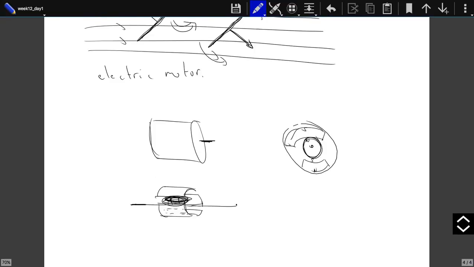And on one end of that rod you get these.